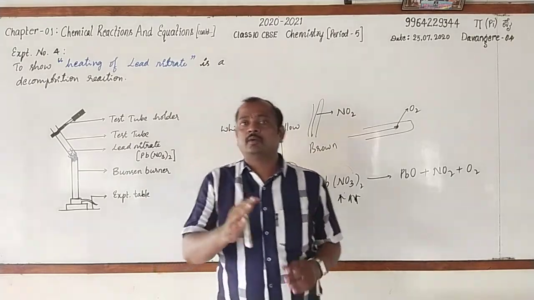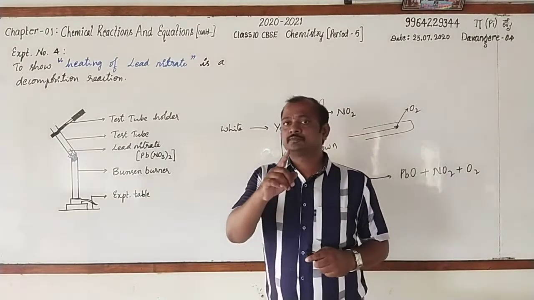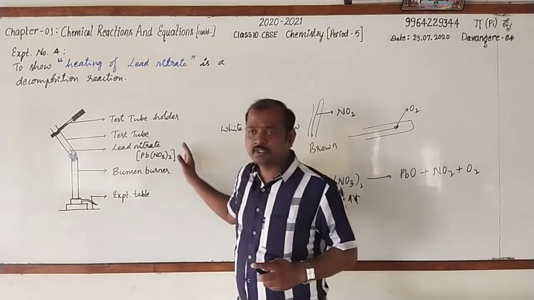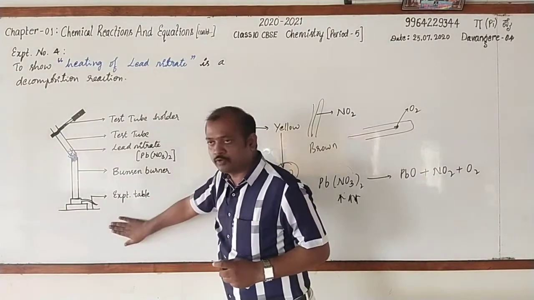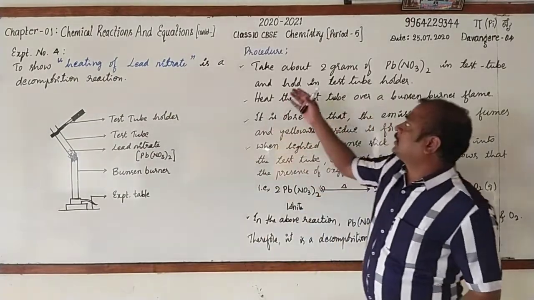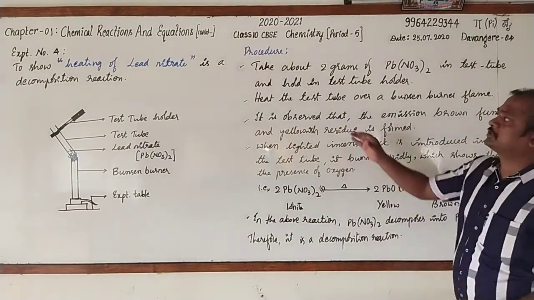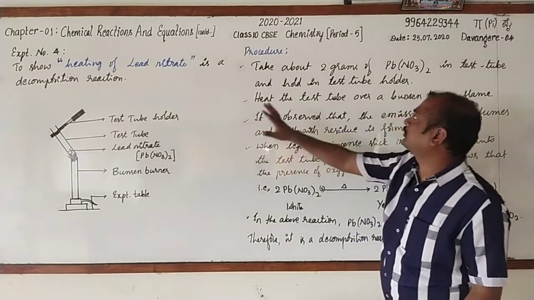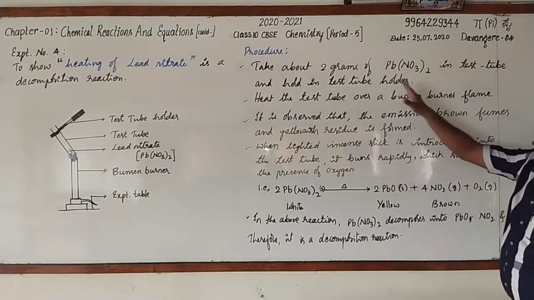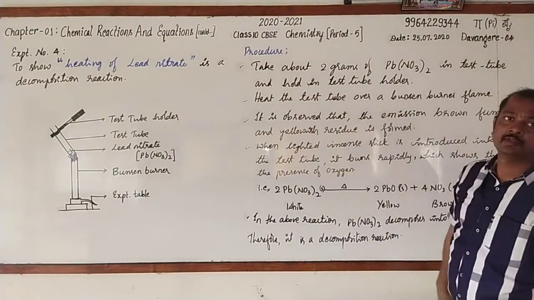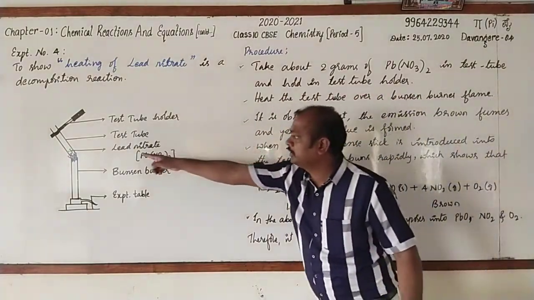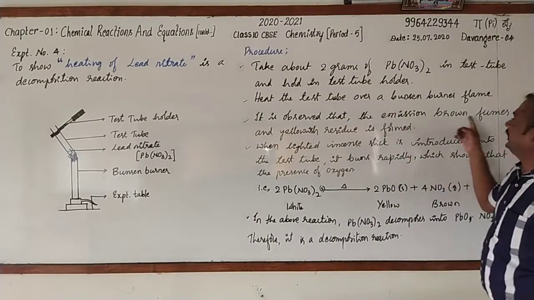Understood? Okay, now let me go for writing the procedure. Please copy this experiment number 4 and draw the figure. Observe this procedure. First, take a few crystals of lead nitrate in the test tube and hold it in the test tube holder. Then heat the test tube in the Bunsen burner flame.